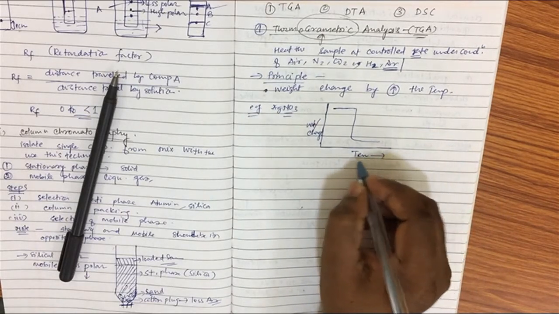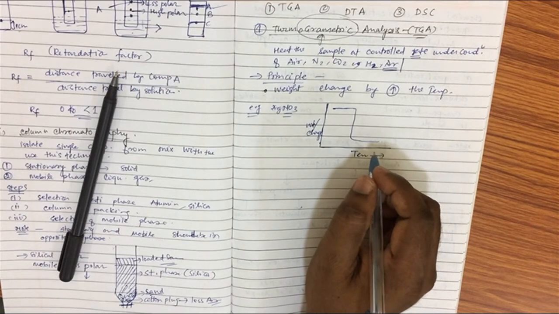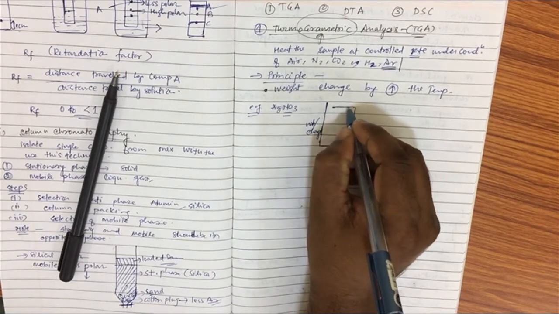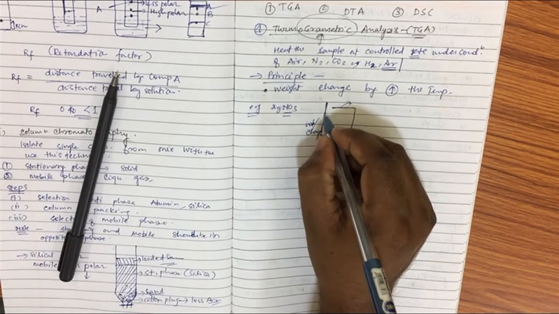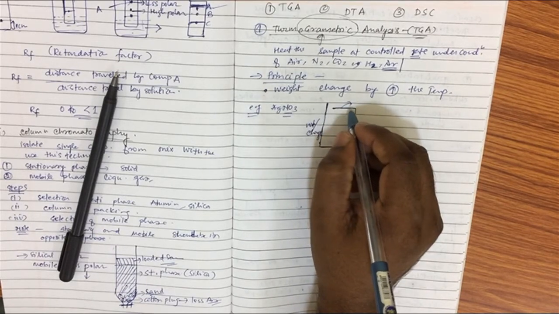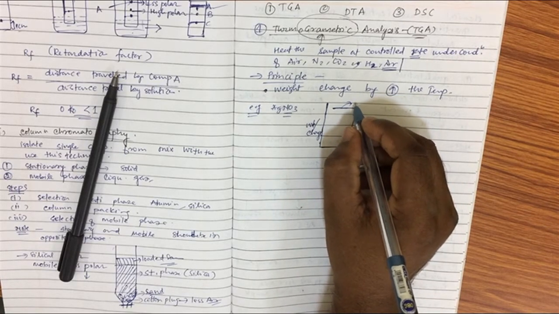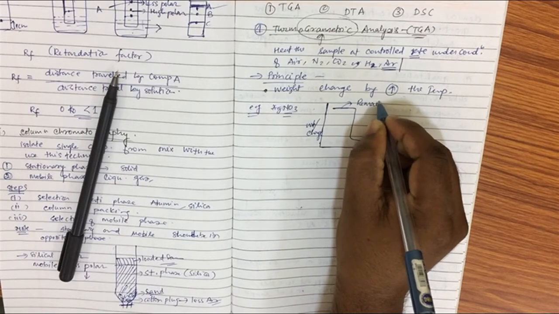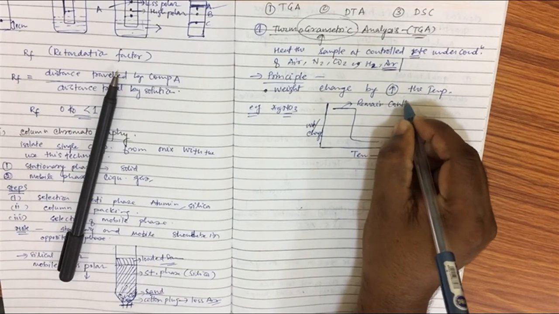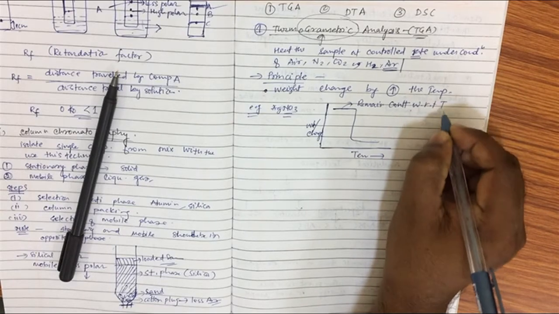This is the temperature, increasing in order. Here is the horizontal line, where the AgNO3 weight does not change and remains constant with respect to temperature.